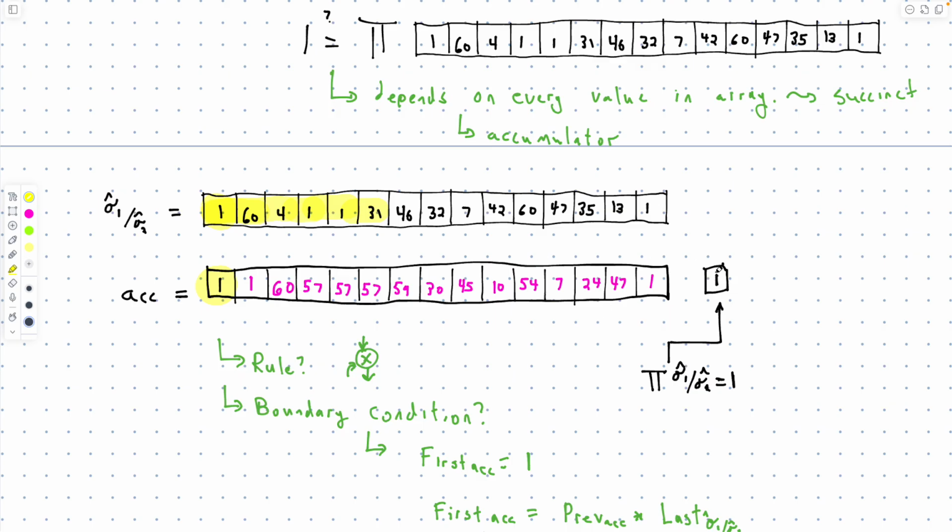Now we have a slight problem here, which is because I started at 1, and I'll tell you why I start at 1 in a second, my accumulator is bigger than my product here. So I have this dummy element 1 here, then I have all the values in my accumulator, which equal 1 in the end.